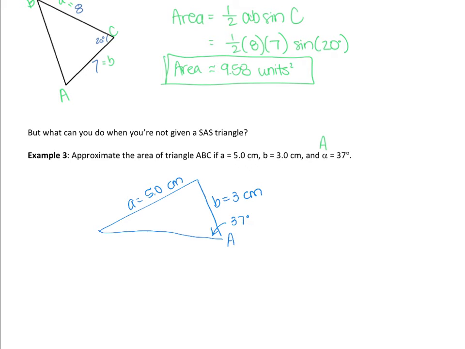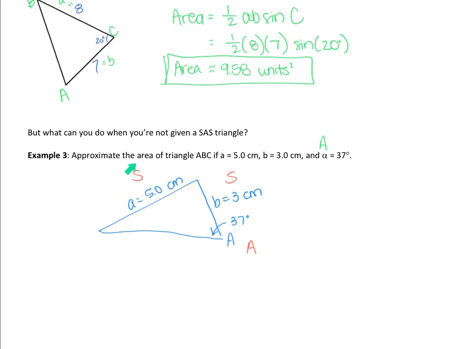So take a second to think about what kind of triangle this is. Hopefully you can see that this is a side-side angle triangle. You have 2 given sides and a non-included angle. Remember, non-included angle just means the angle not between them.